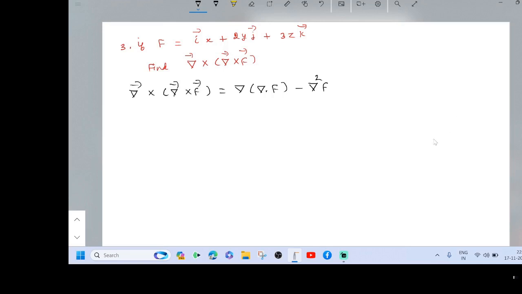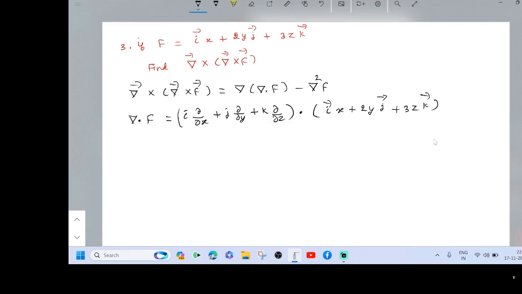Now find out the div f. Del dot f which is equal to i ∂/∂x plus j ∂/∂y plus k ∂/∂z dot the value of f, which is i x plus 2y j plus 3z k.